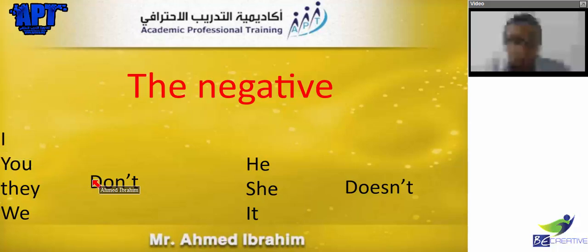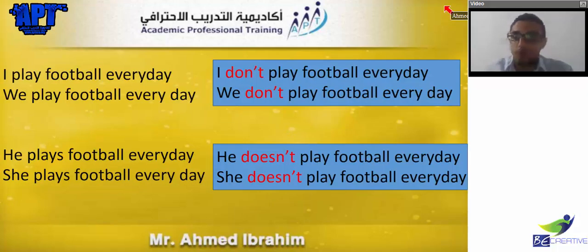I don't know. So remember this example. We all use it, but we didn't know that it's present simple. After I, you, they, we, we use don't, and remember, after don't or doesn't, the verb is infinitive. Like, I used to say, I play, but he plays. If I want to make the negative, I don't play, and he doesn't play, not plays.